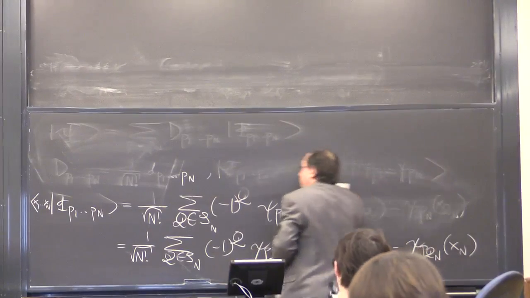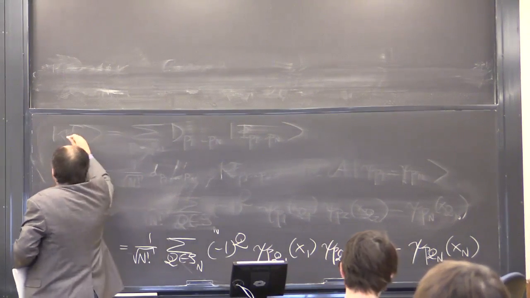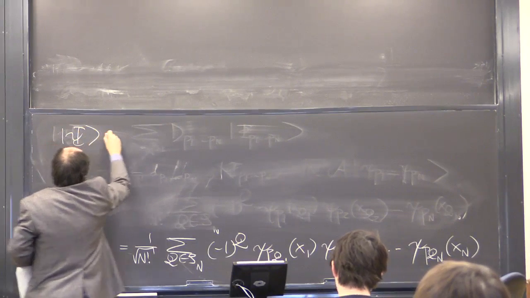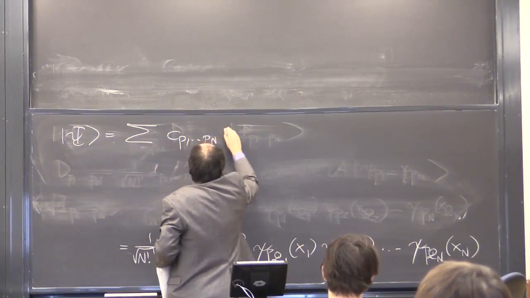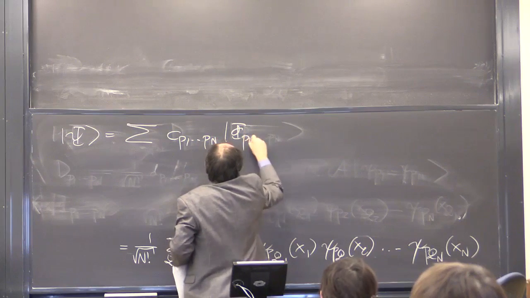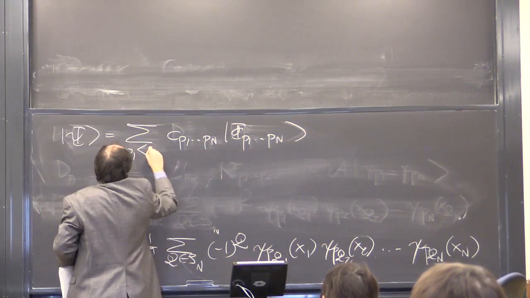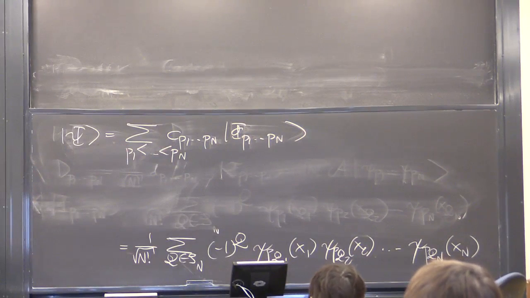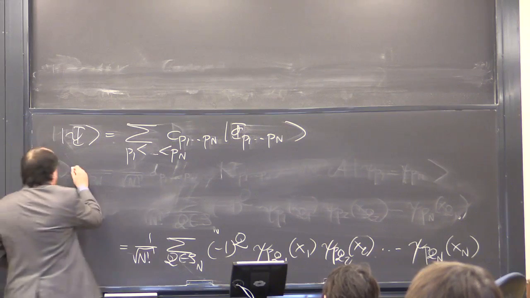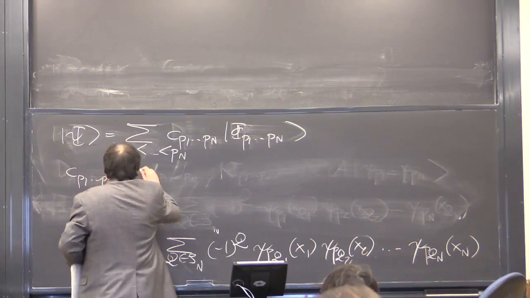What we have just demonstrated is that psi can be represented as a linear combination with coefficients little c using Slater determinants where we're summing over linearly independent ordered sets of indices.